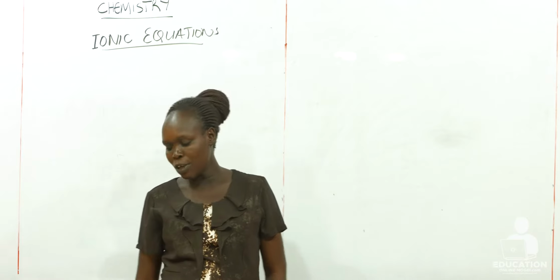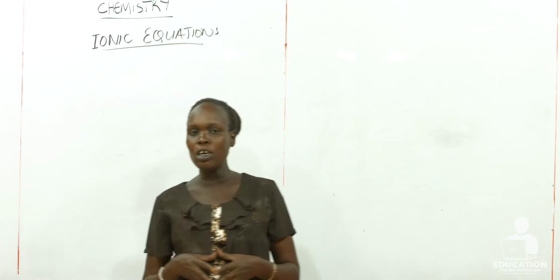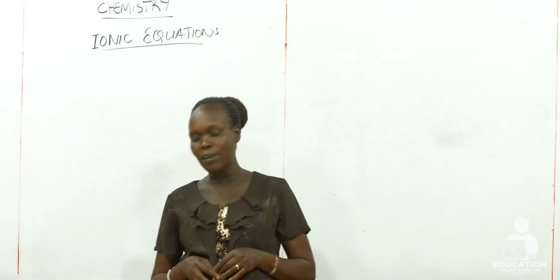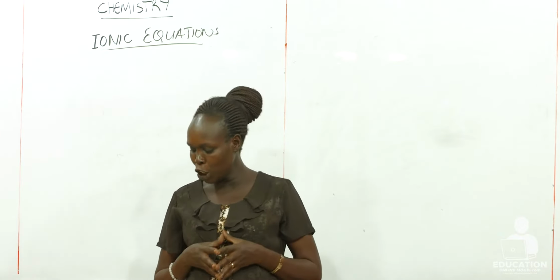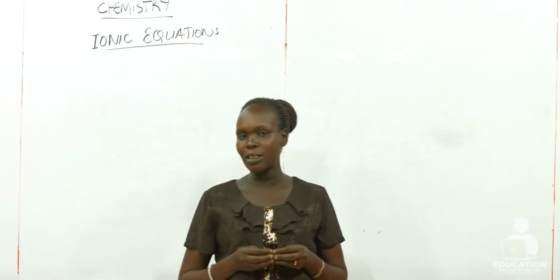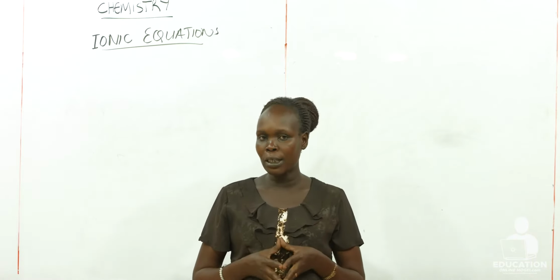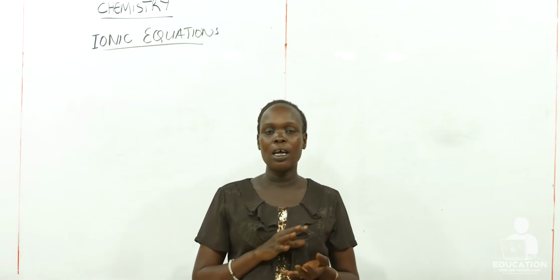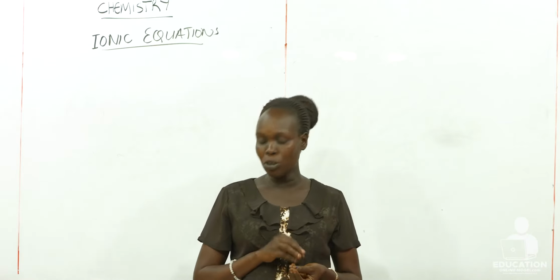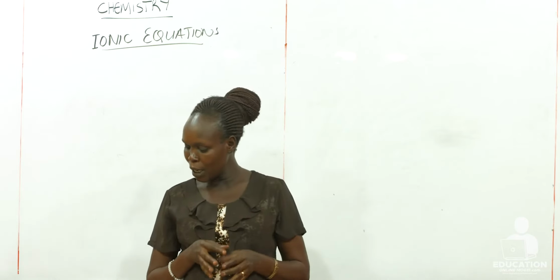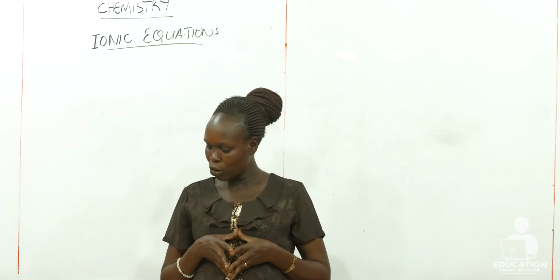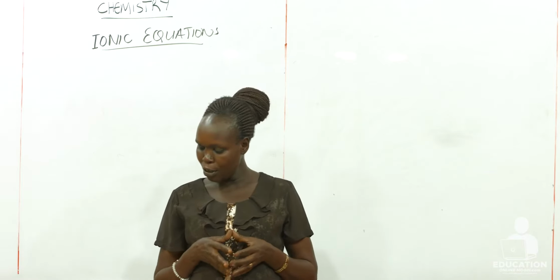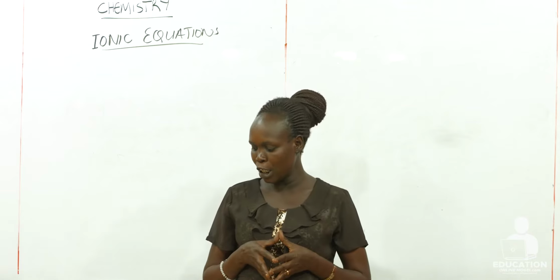If we say ionic equation, it means a chemical reaction taking place in aqueous solutions involves at least one ionic species, either as reactants or products. When ionic solids are dissolved in water, the ions become separated and move freely in the solution.